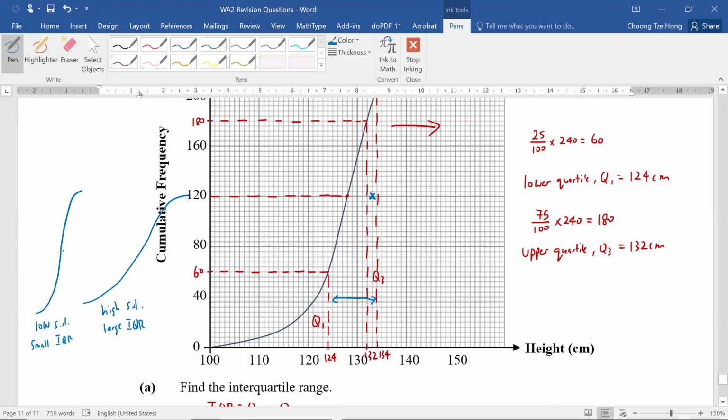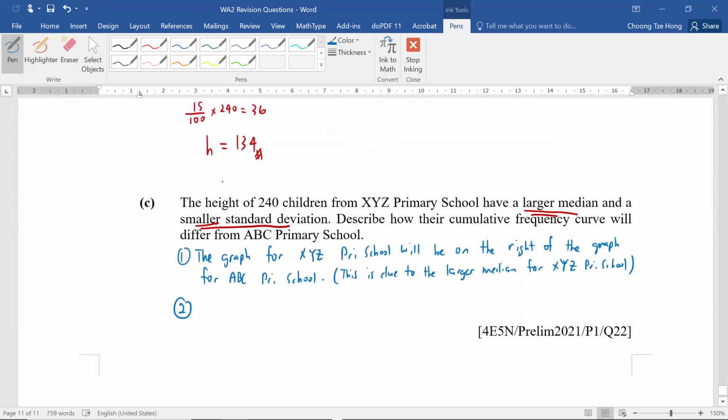So if more narrow, what we will look at is the center part of the graph. If it's more narrow, then it's going to have a larger gradient, it's going to be steeper. So the word to use is that for XYZ primary school, the graph is going to be steeper in the middle as compared to the graph for ABC primary school. So we'll write this down first, then later on I'll show you on the graph.